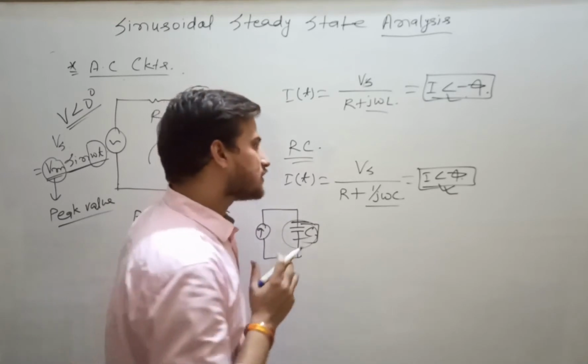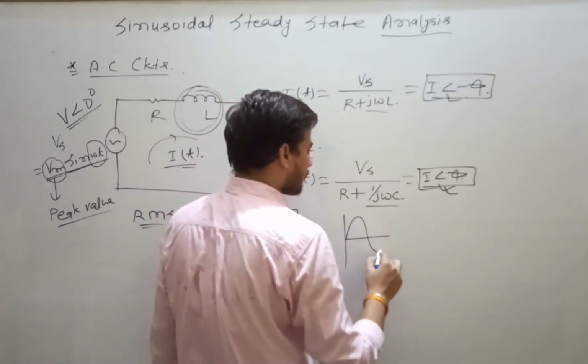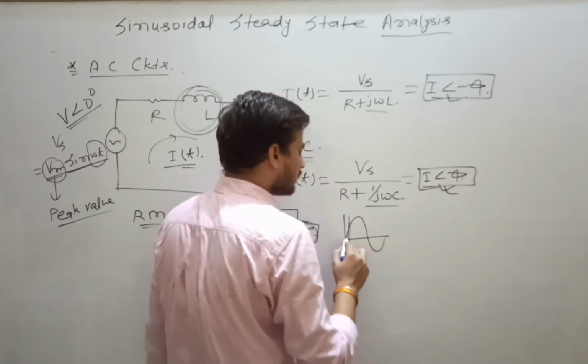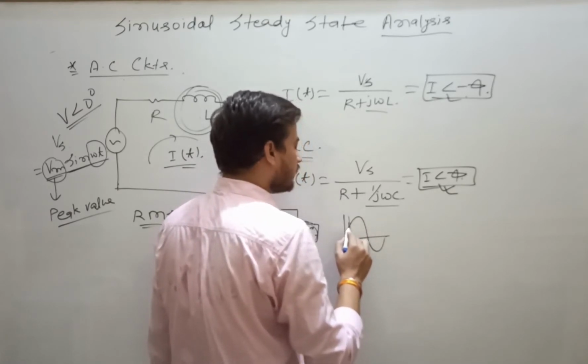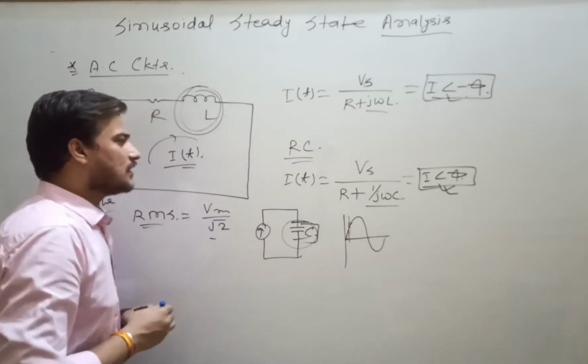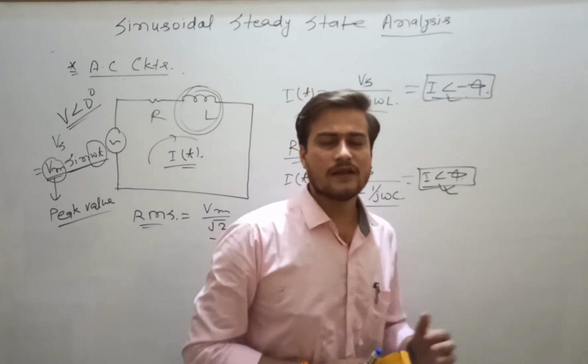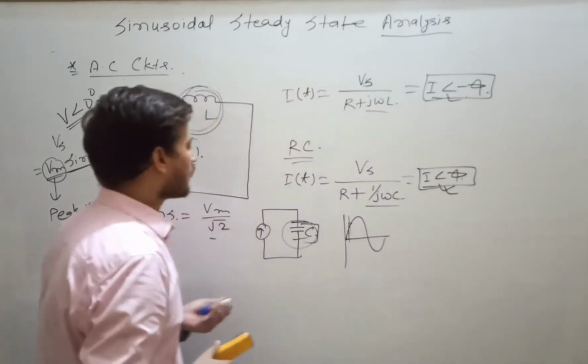So voltage across the capacitor being 0 means what? You are applying some current in the capacitor, but the voltage is initially 0 and it starts increasing gradually. So in the case of a capacitor, the current is leading. Clear?